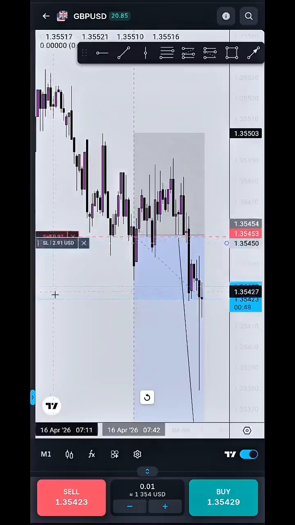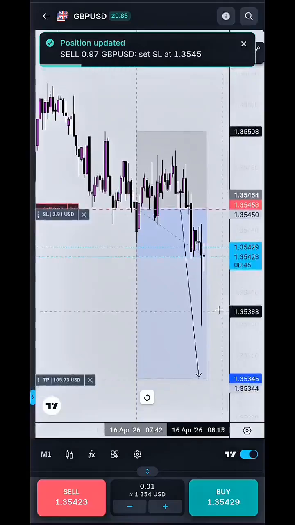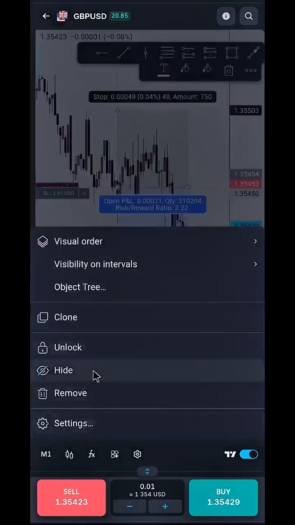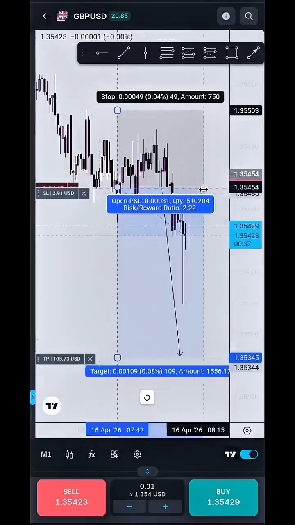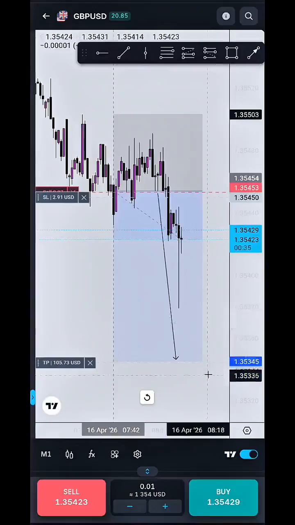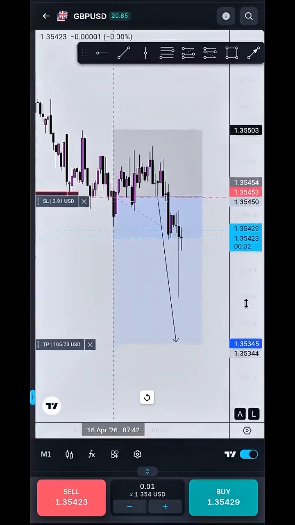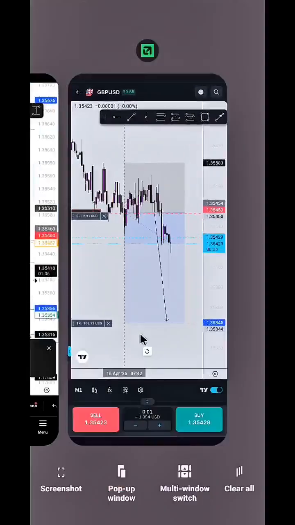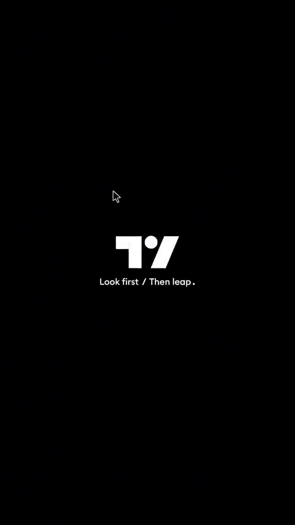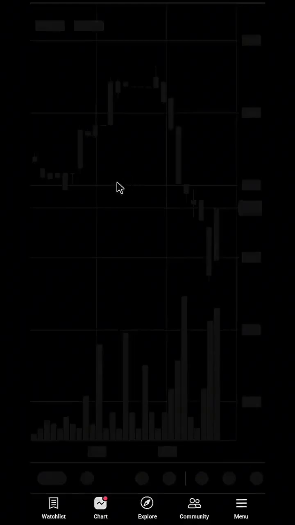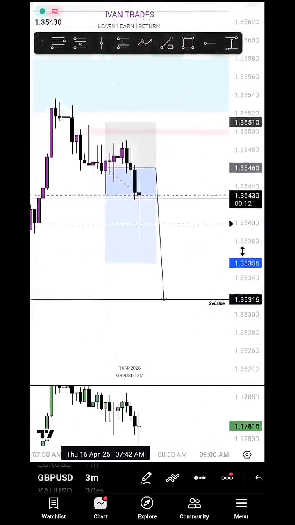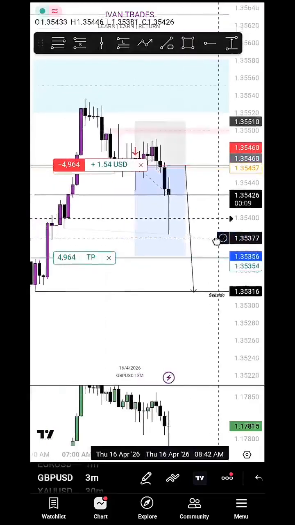Then this, goddamn, look at this wick. This is too much. I'm going break even right now, whatever happens. Look at this giant wick. I'm going break even right now, whatever happens. If the price doesn't expand to my target, then I'll be out.